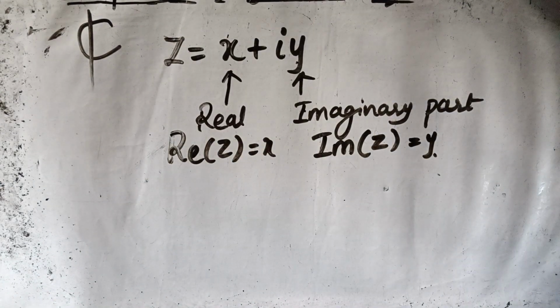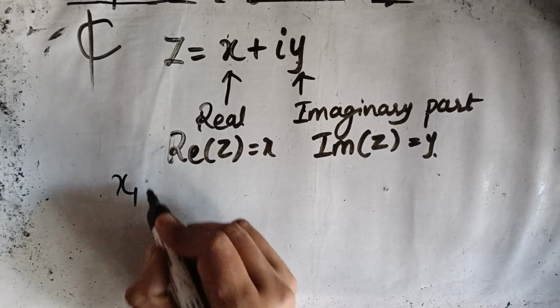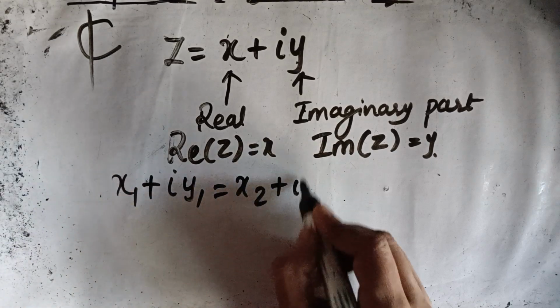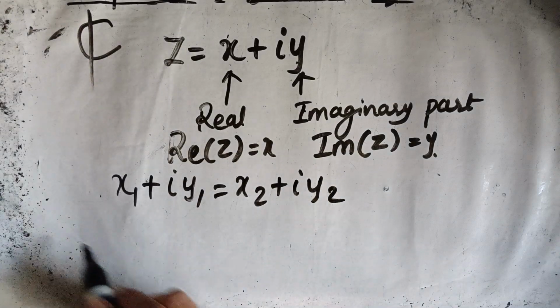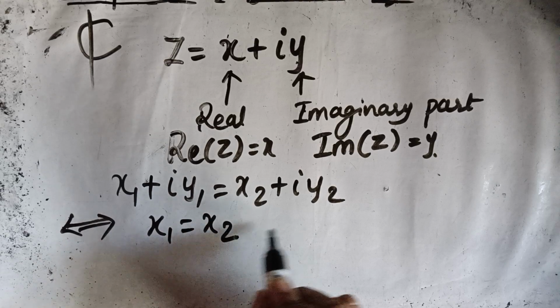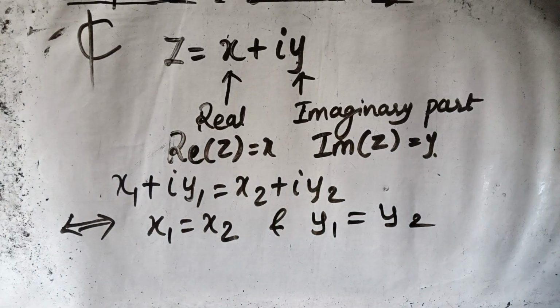Two complex numbers are said to be equal if and only if their imaginary as well as real parts are equal. So x1 plus iy1 is equal to x2 plus iy2 if and only if real parts are equal and imaginary parts are equal.